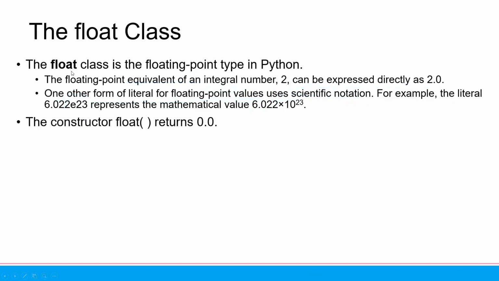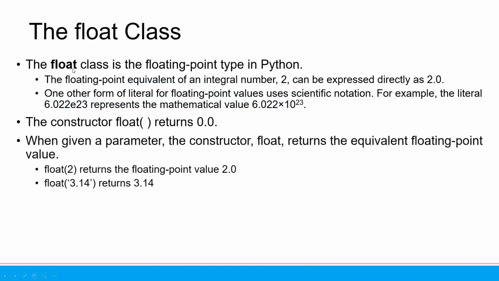The constructor float() returns 0.0. And it is the same as the integer class. We can use the constructor float and it automatically returns the equivalent floating point value. If I input float(2), 2 is an integer, but the result will be 2.0.